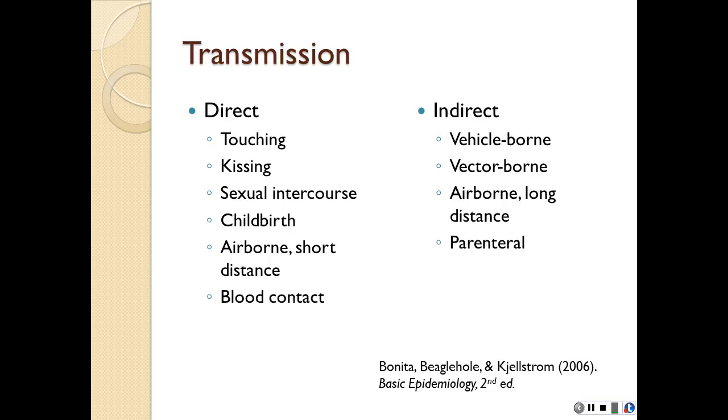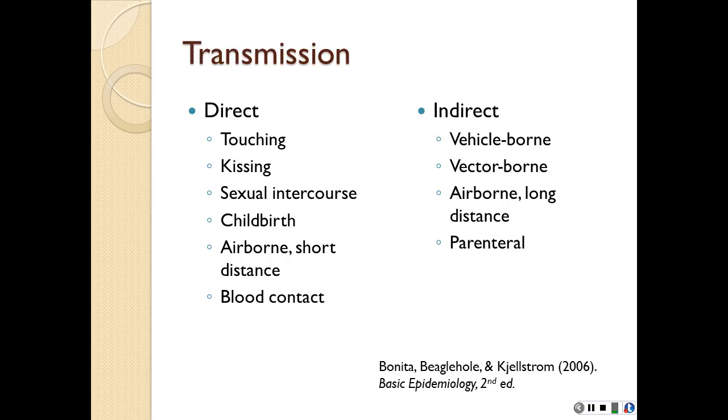Transmission is the second link in this chain of infection. You have this agent, and you've identified the characteristics of the agent that make it more or less likely to cause a clinical infection in people. We also have to talk about transmission. Direct transmission means you have directly taken the agent and handed it off to somebody else.